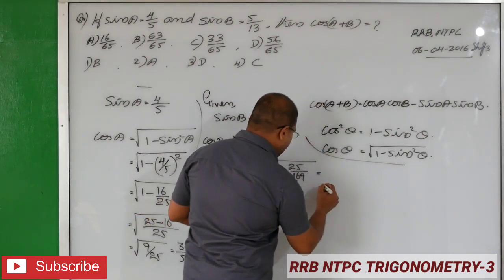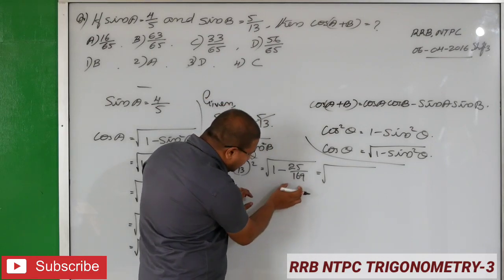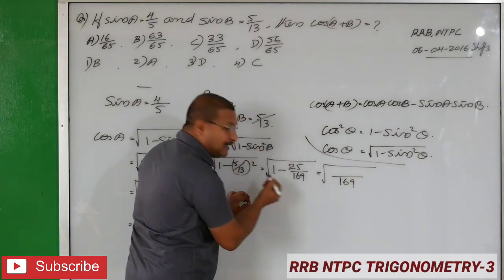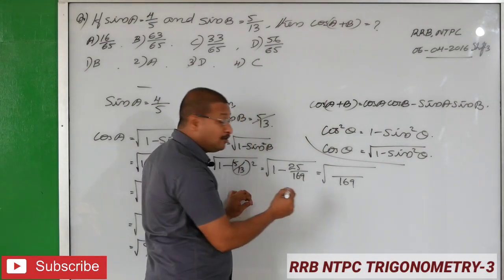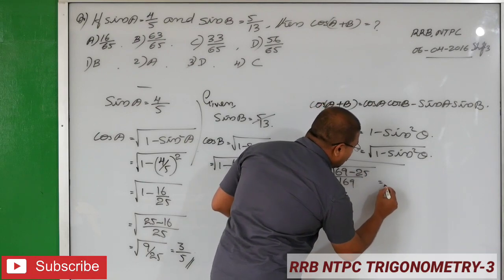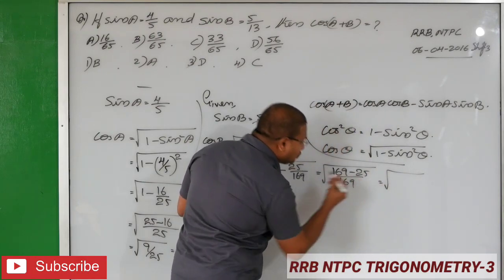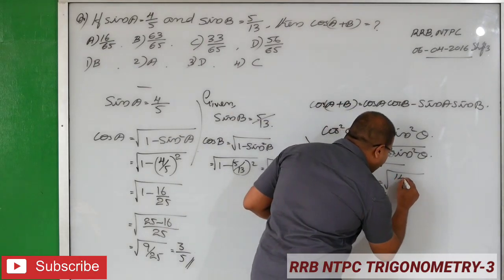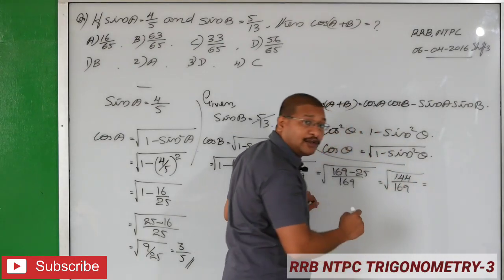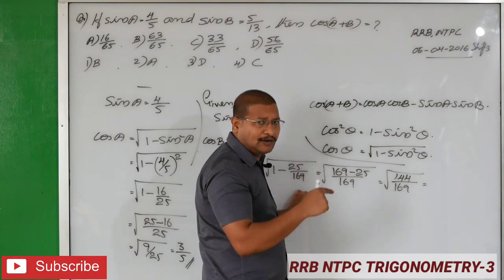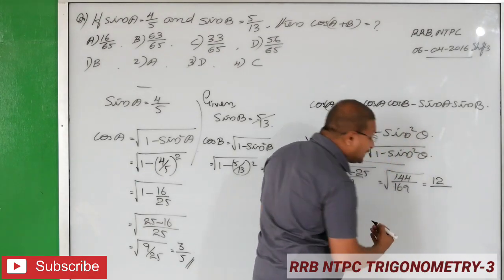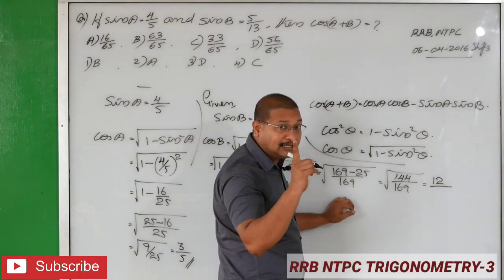Now I take the LCM as 169, so 1 into 169, and 169 minus 25 is 144. So it is the square root of 144/169, which equals square root of 144, that is 12, divided by square root of 169, that is 13, because 13 squared is 169.